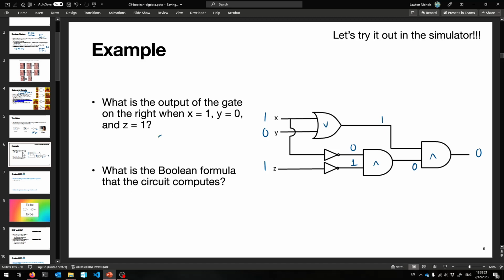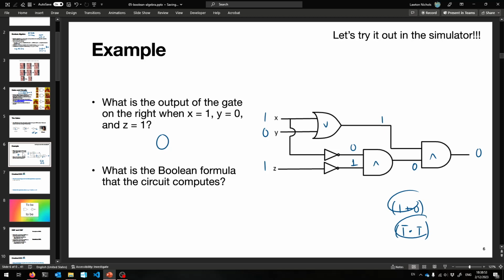The output is in fact 0, because it's computing X ORed with Y, so let's do the Boolean algebra notation, 1 plus 0. And then it's doing this stuff. It's taking X and negating it, and taking Z and negating it, and ANDing those things. So here's X negated, so 1 bar, and then it's taking Z, which is 1 bar negated, and it's ANDing them.